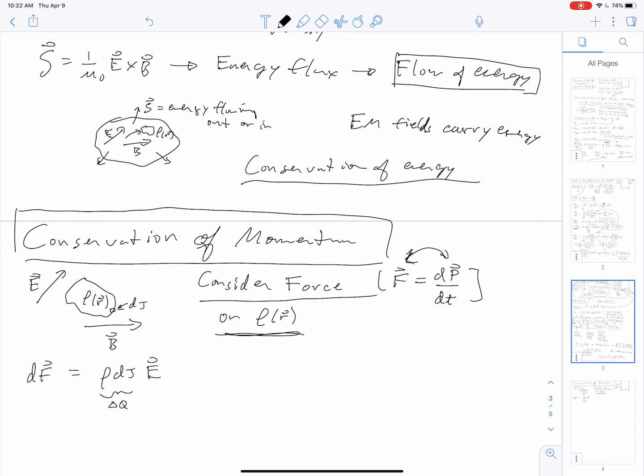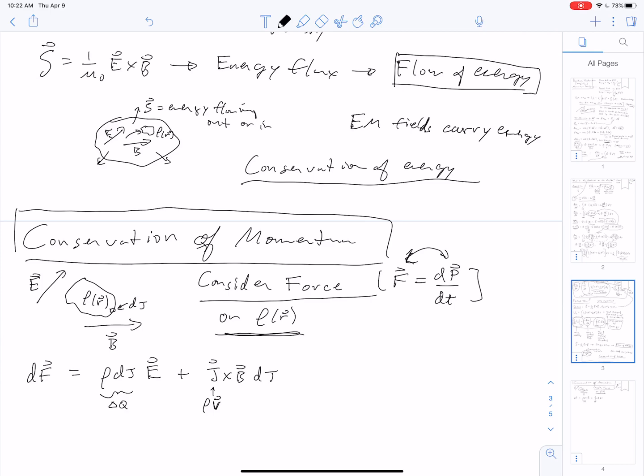If the charge has some velocity, then I can also add J cross B d tau, where J is rho v. So I have the electric field force and the Lorentz force, because the magnetic field can add a force as well.